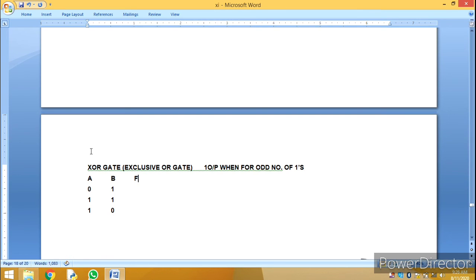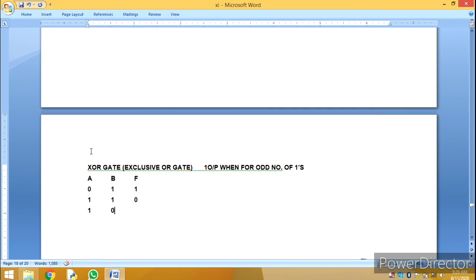So here, if 0 1, we are having odd ones, so the value will be true. Here you are having even ones, that means two ones are there, so you will be getting 0.